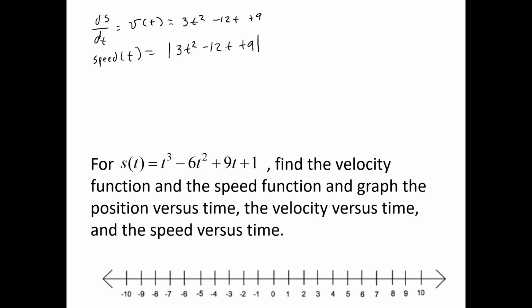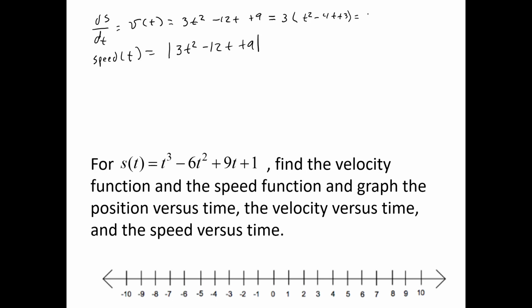Okay, so for the position versus the time, we can use the velocity to help us figure out how many points we need there to graph the position, right? Well, that's what we learned the last time. So if we factor out the 3 from the velocity, we will get t squared minus 4t plus 3.